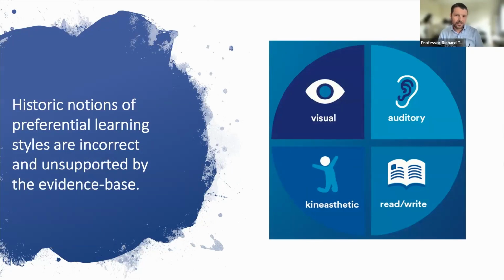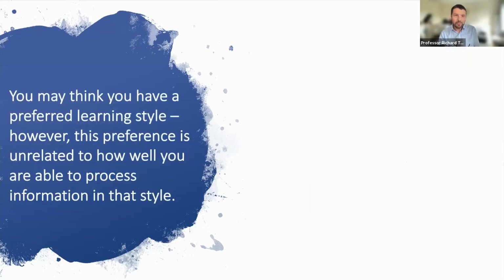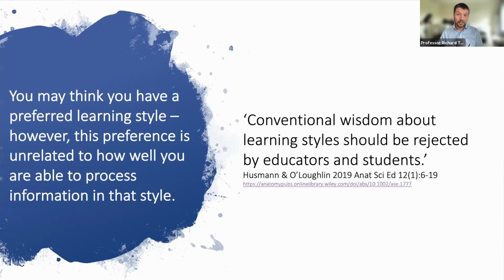You may in the past have heard that you are a visual learner, or you're an auditory learner, kinesthetic, or a reading writing learner. The reality is that these historic notions of preferential learning style are actually incorrect, unhelpful, and unsupported by the evidence base. So you may think you have a preferred learning style. However, the reality is that your preference of learning style is completely unrelated to how well you can process information in that style.